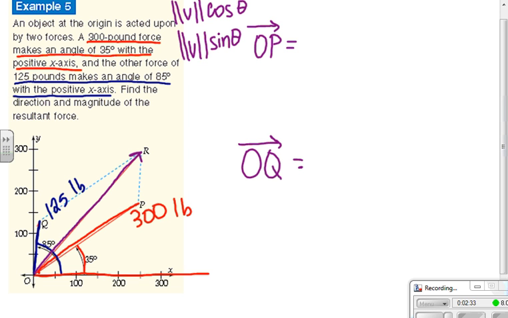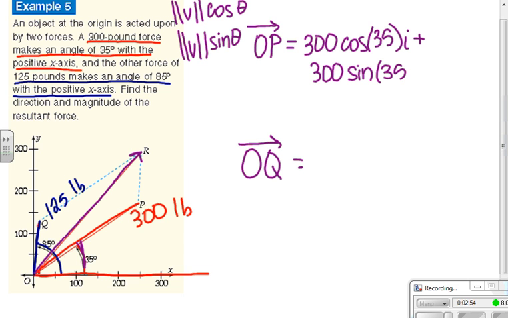So our a value is going to be the magnitude 300 times cosine of our angle theta, which is 35, and that's going to be our i. Plus our b value is going to be 300 sine 35 j.